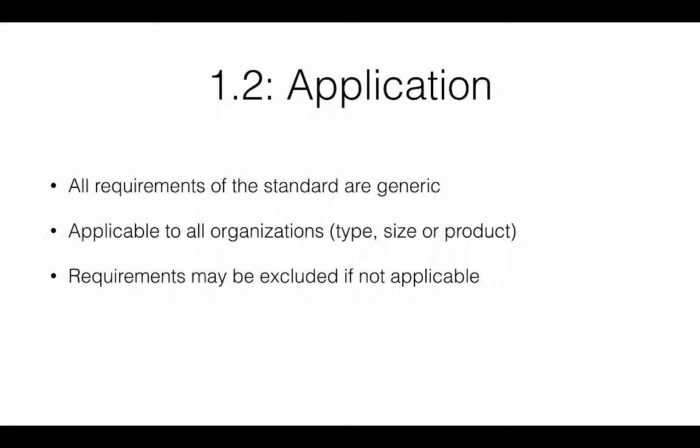The section on application also describes what I mentioned previously regarding exclusion of requirements that are not applicable under the organization's scope of product or service, and any claims an organization makes of conformity to the standard are only acceptable if those exclusions are limited to Clause 7, product realization, and do not in any way affect its ability to meet requirements. Again, this limitation only applies if an organization is certified or wishes to obtain certification to ISO 9001, and not simply basing the structure of its QMS on the standard as a guideline.